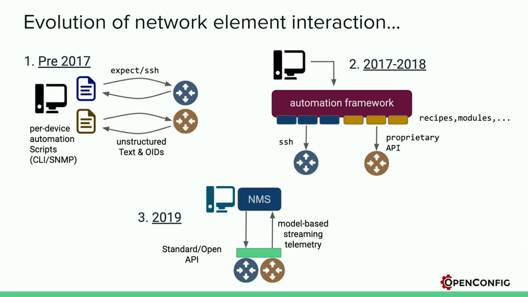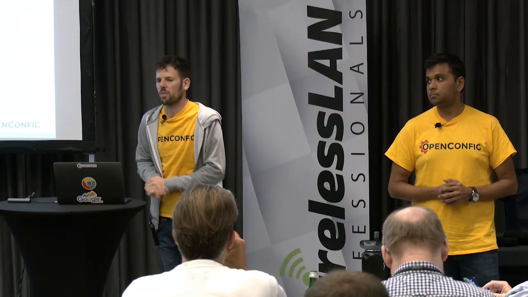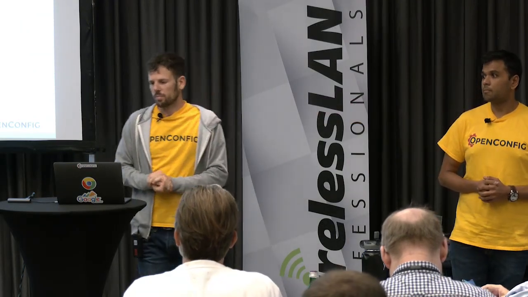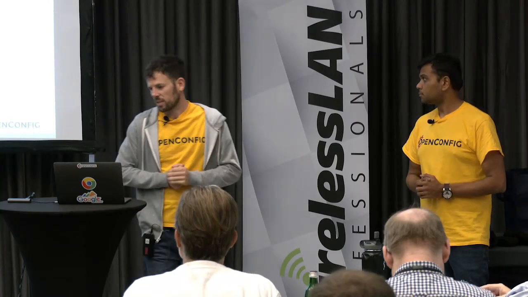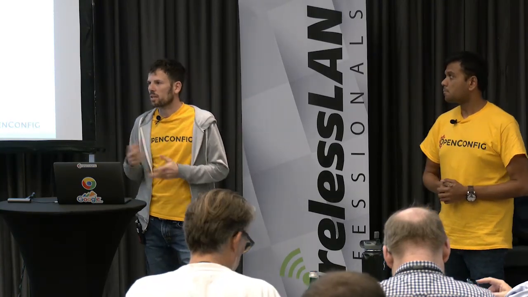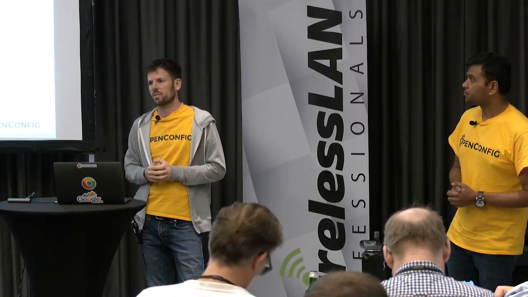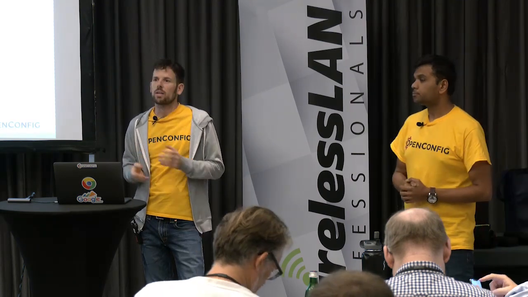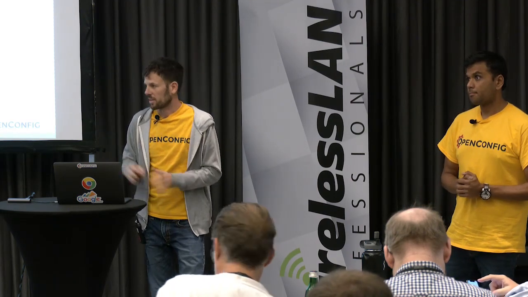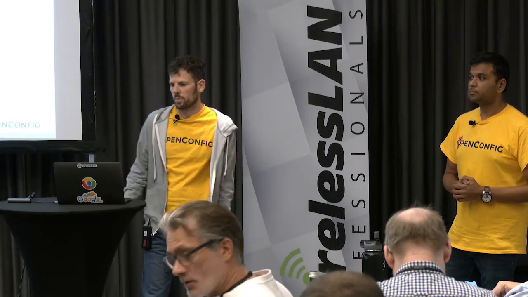That was really difficult because, like I said, you're dealing with unstructured data by nature, so trying to massage that was difficult. And the proprietary API situation is what I already spoke about. When that changes, the whole thing would fall over. So 2019: we've been in production with our OpenConfig vendors for about a year, and going forward, that's the only way we're doing it.